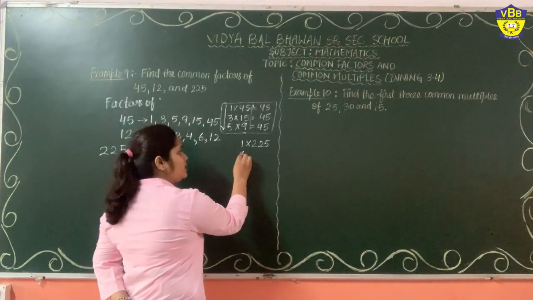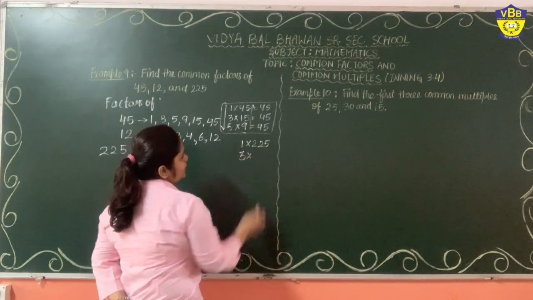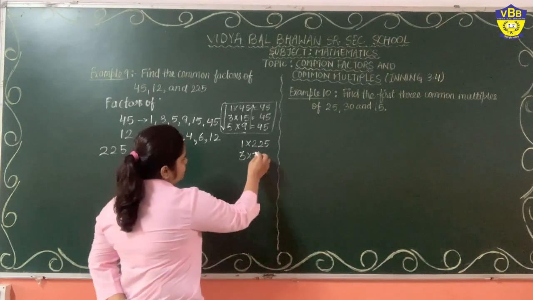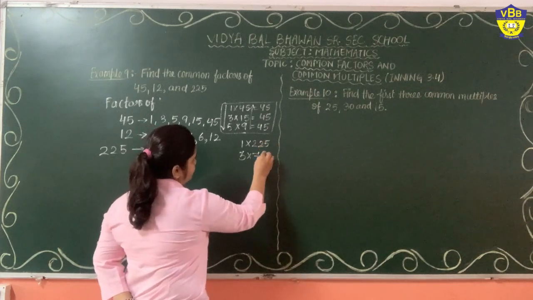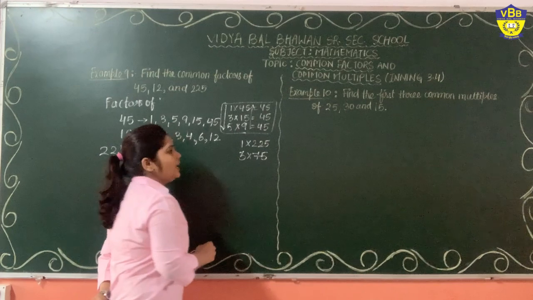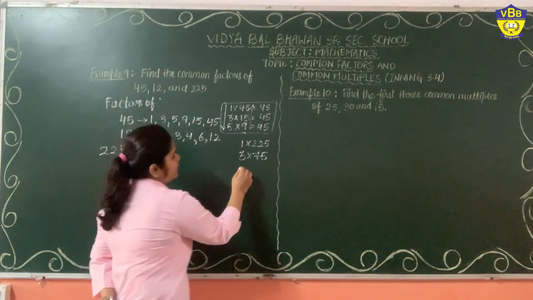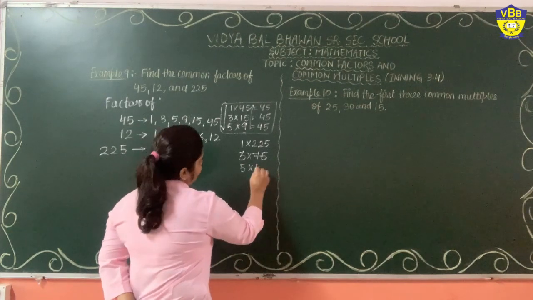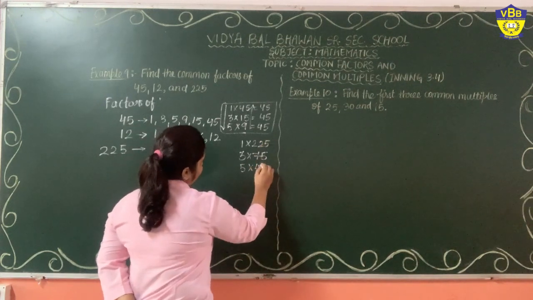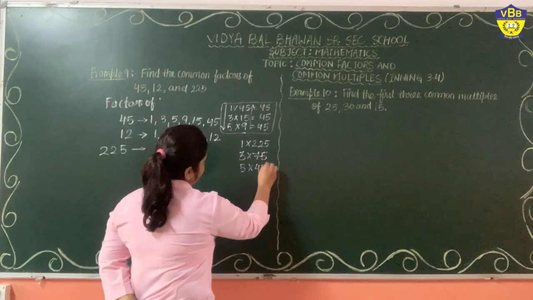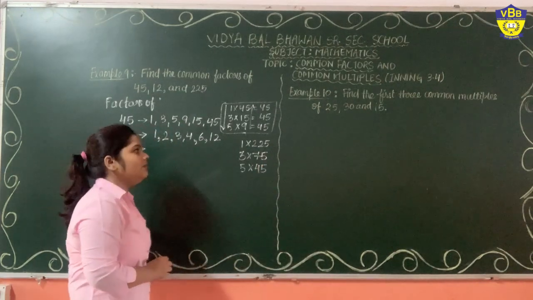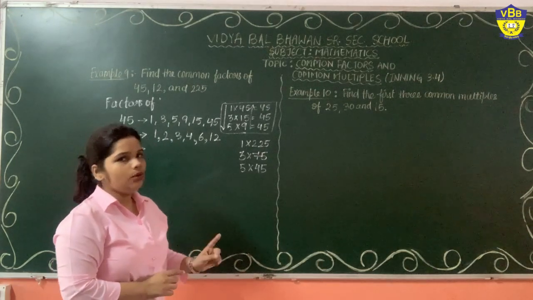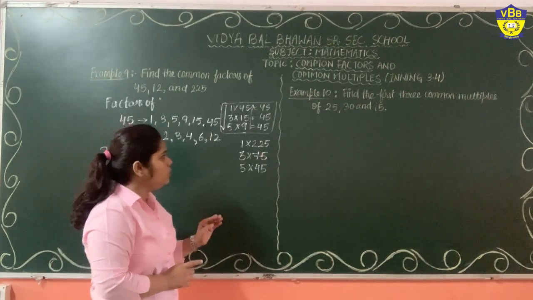How many times? We divide 225: 3 sevens are 21, 3 fives are 15, so 75 times. In 4, no. In the table of 5, yes. 5 fours are 20, 5 fives are 25, so 45 times. After that, will it come in the table of 6? No. 7? No. 8? No.